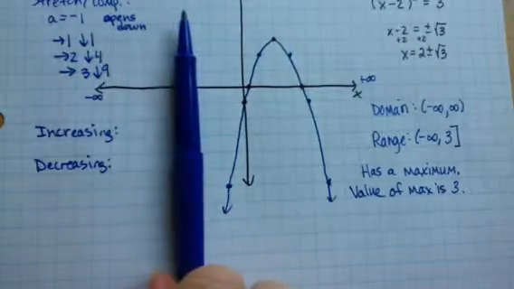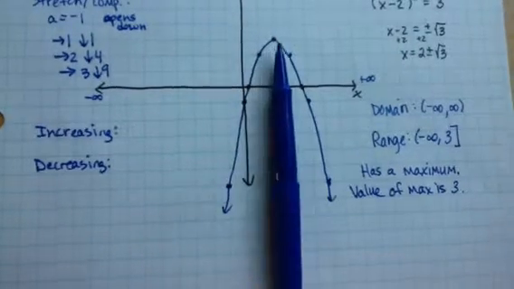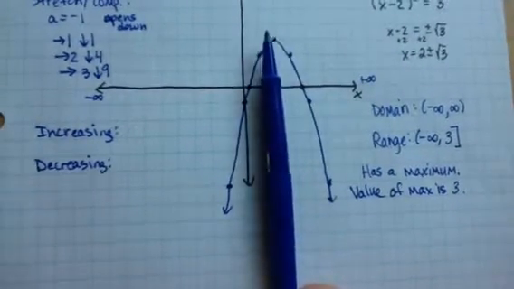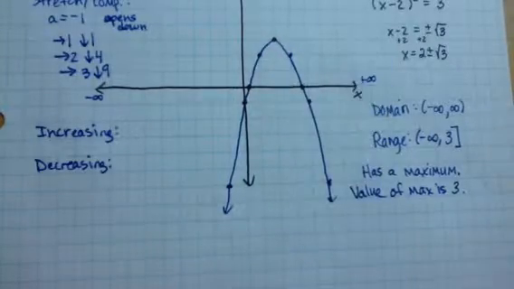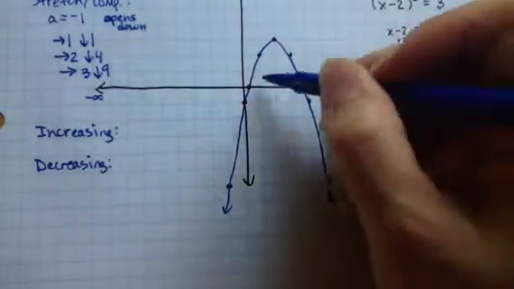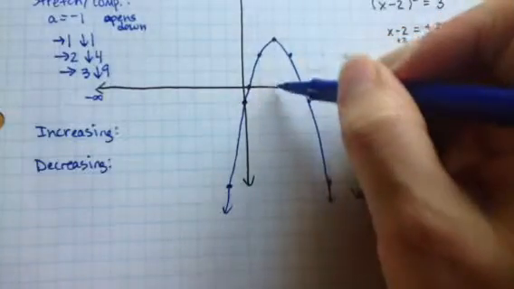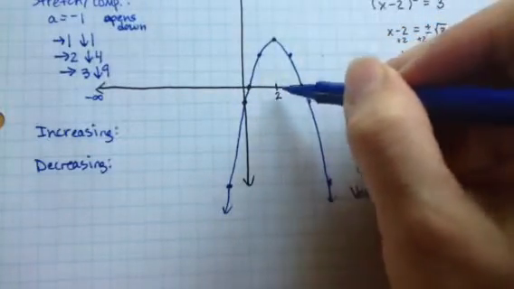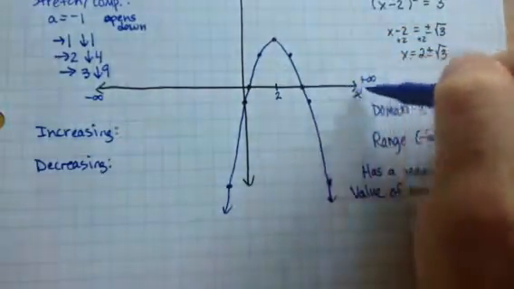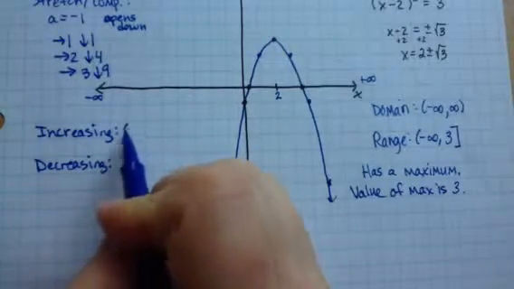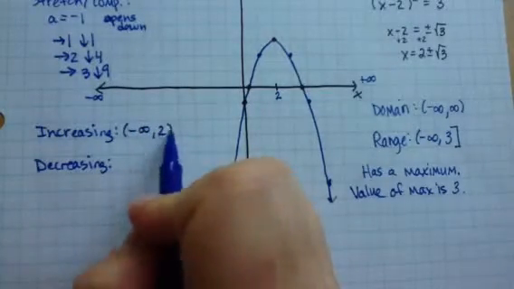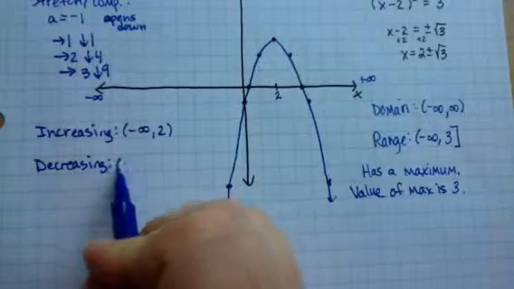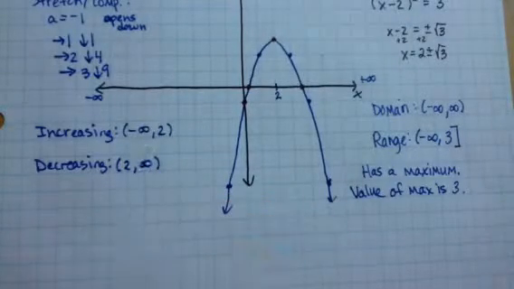So it's going uphill as I move left to right until it gets to this top value, and then the graph turns around and starts going downhill. So the graph is going uphill from negative infinity to this x value right here, which is 2. And then it's going downhill or decreasing from 2 to infinity. So increasing from negative infinity to 2 and decreasing from 2 to infinity.